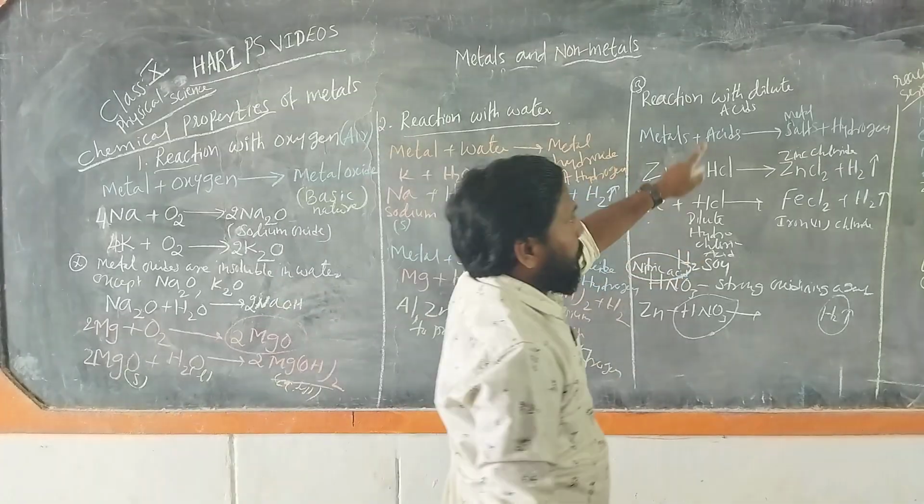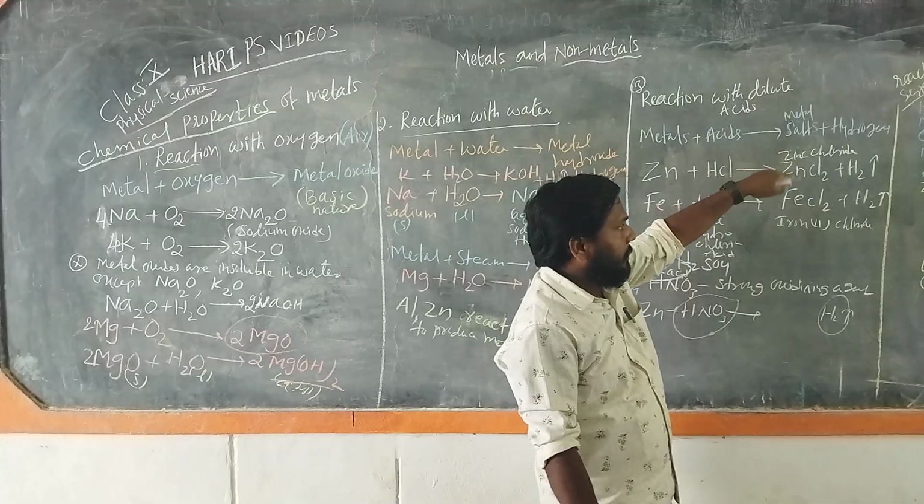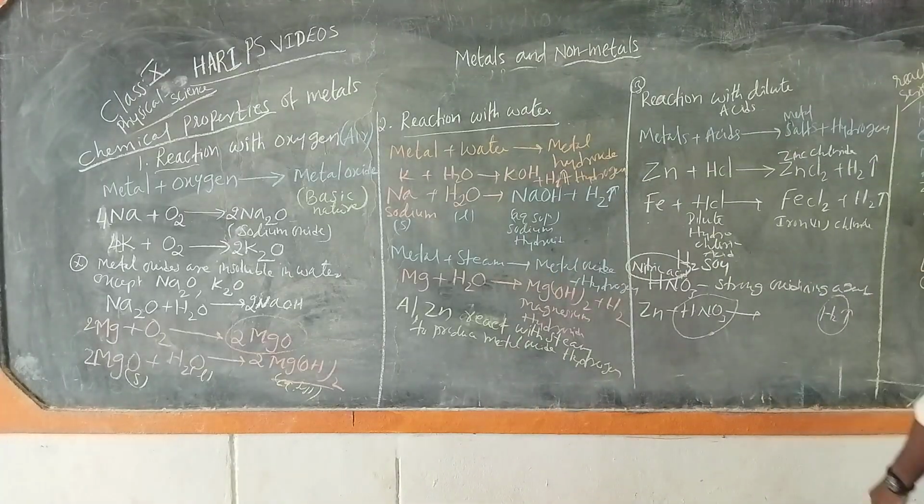So potassium, sodium, calcium, magnesium, aluminum, zinc, iron, tin, lead are more reactive than hydrogen. So these elements displace the hydrogen from dilute acids.